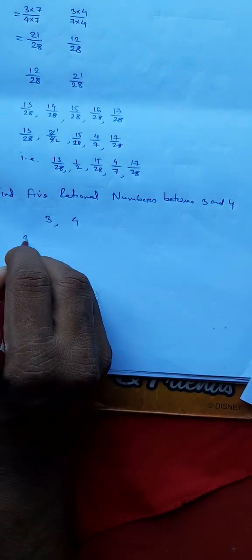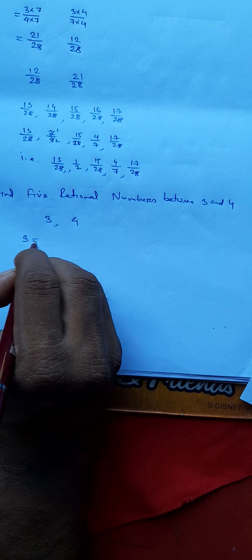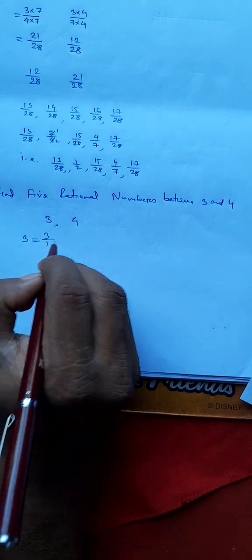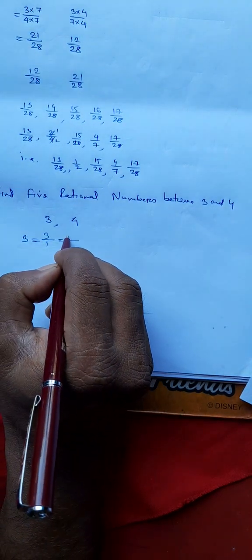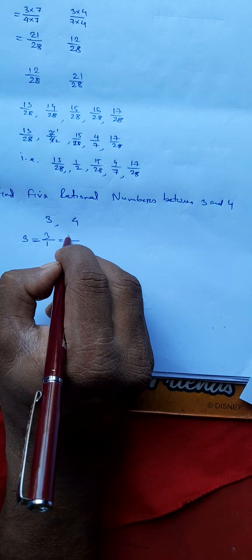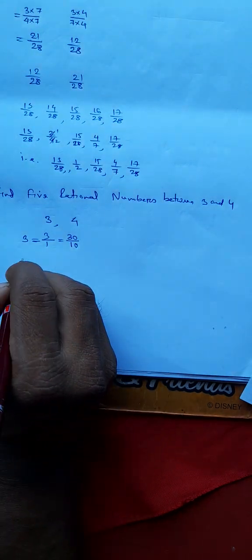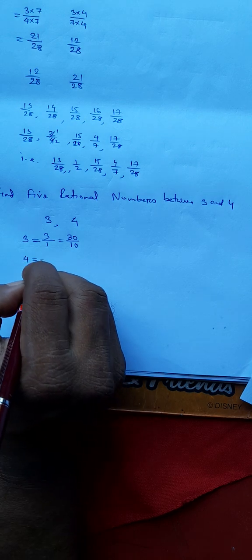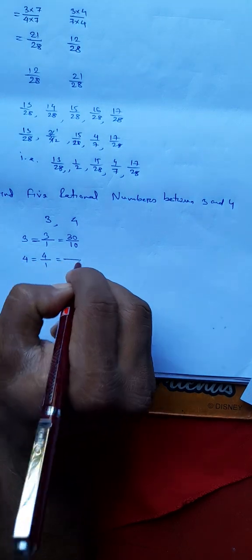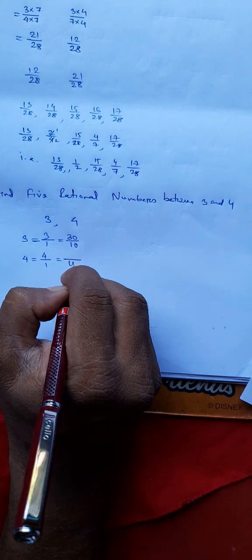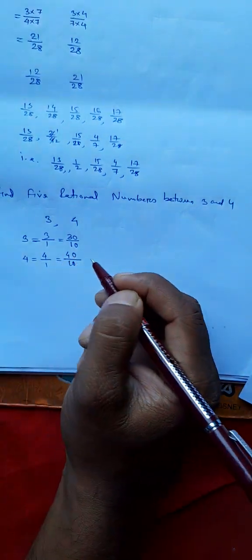Now you see, 3 can be expressed as a fraction, 3 by 1, or you can express it as 30 by 10. Similarly, 4 can be expressed as 4 by 1, or if you multiply both by 10, 40 by 10.